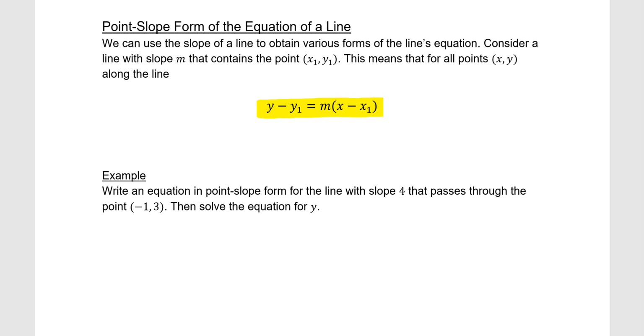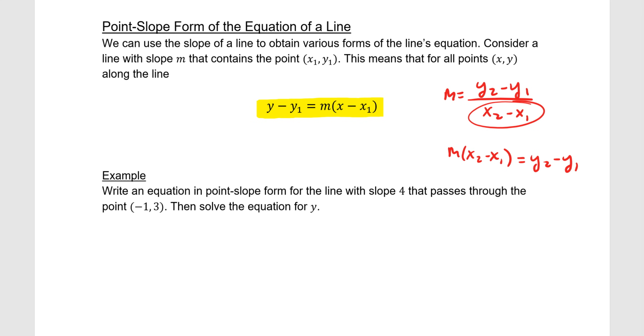So you can kind of see here how it's the same as the slope formula, except we multiplied this denominator on both sides, so it becomes m times x2 minus x1 equals y2 minus y1. And instead of having points plugged in for x2, y2, we just leave them as variables, so we just leave them as x and y.